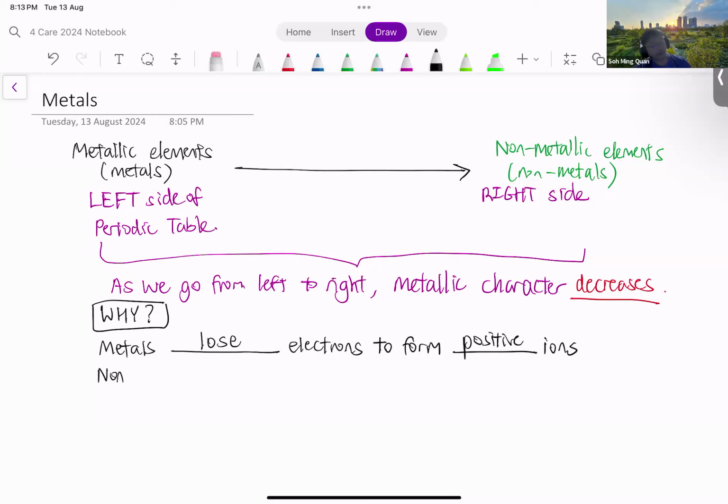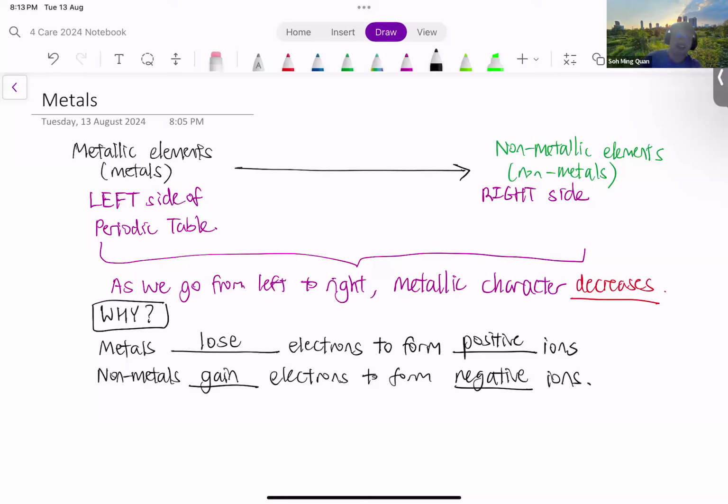The reverse, non-metals will therefore gain electrons to form negative ions. The way to remember this is electrons are negative. If you gain more electrons, this means that overall your charge will be negative.